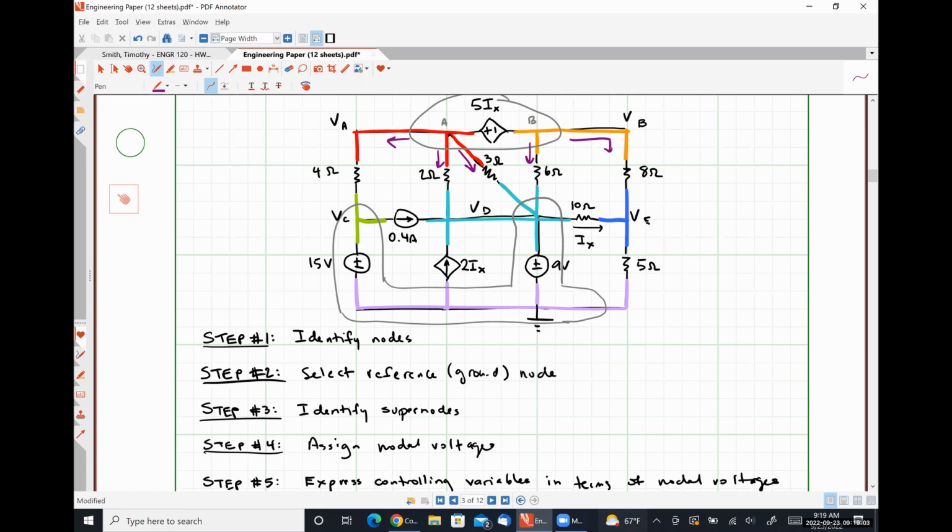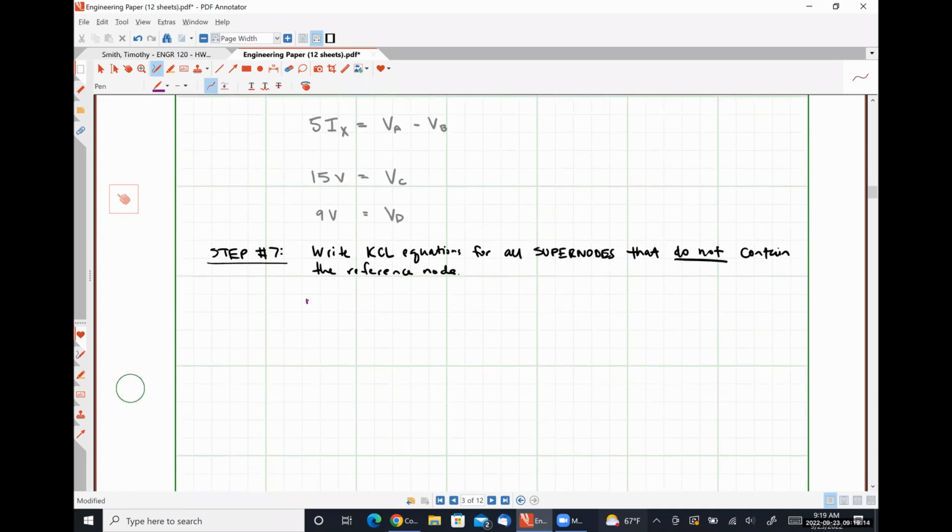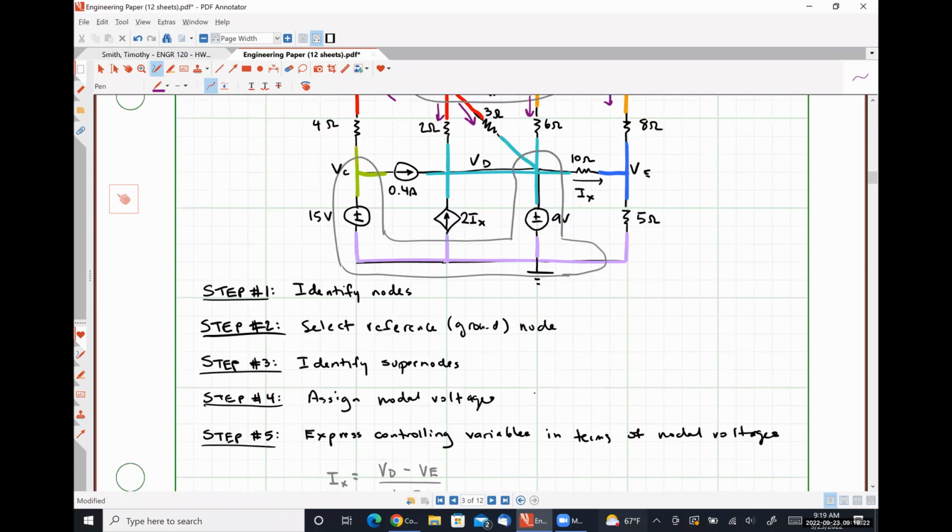All of the currents that are leaving the supernode get added together in one KCL equation. So KCL at supernode AB is going to be what?